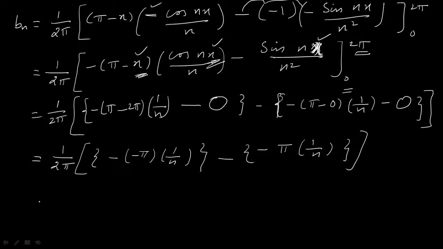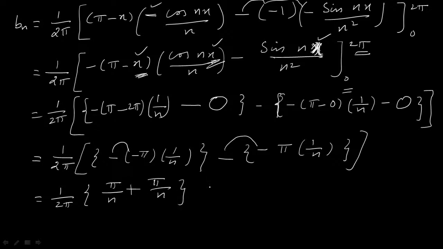Okay, so this is equal to 1 by 2 pi. These two minus becomes plus. So here you have pi divided by n. Here itself you have minus into minus. So minus into minus becomes plus, and also pi of 1 by n is nothing but pi by n.